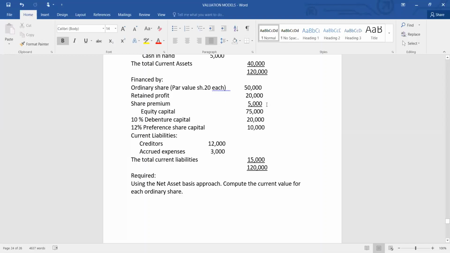Now 75 million divided by the number of shares. How many shares are in issue here? The value of the share capital is 50 million divided by the par value of a share, which is 20. So the number of shares in issue is 2.5 million shares. So 75 million divided by 2.5 million shares gives 30.